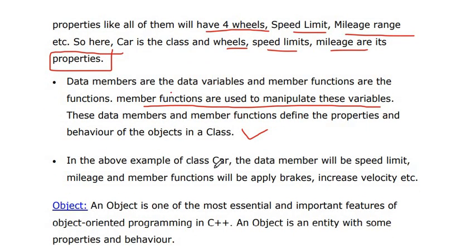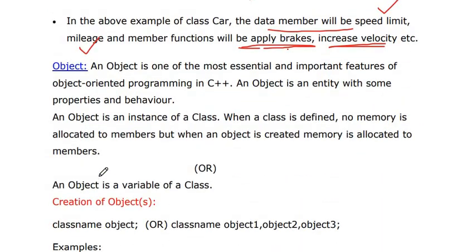In the above example of the class car, the data members will be speed limit, mileage, and member functions will be applying brakes and increasing the velocity, etc. Here applying brakes is an operation and increasing the velocity is also an operation. That is why the member functions are called operations. Here speed limit and mileage both are numbers, so that is why they are called data members. Now let us go to the next one, object.